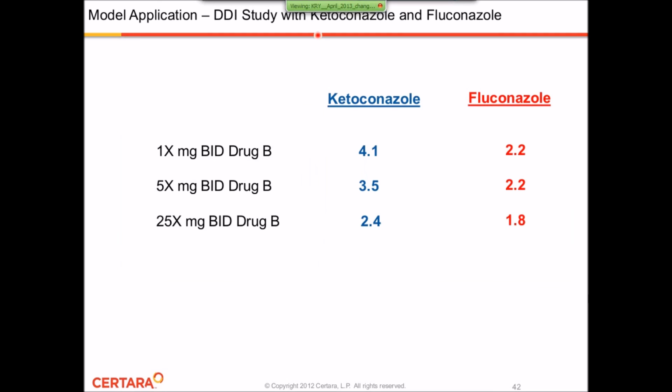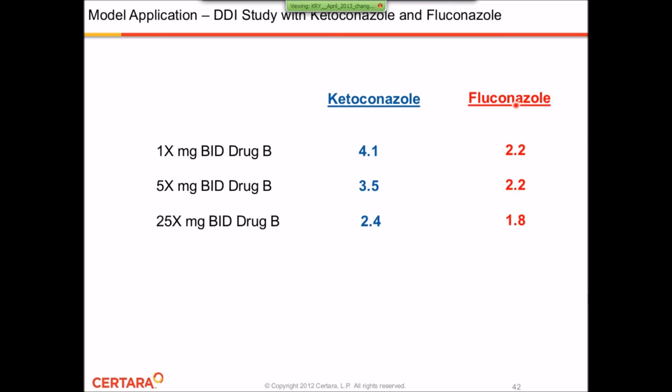Importantly, another point that the client was interested in is, if we've got data with a strong inhibitor, what happens with a moderate inhibitor? And can this be supported by simulation? So these are the results that we've got with ketoconazole. We've also got a model developed for fluconazole.